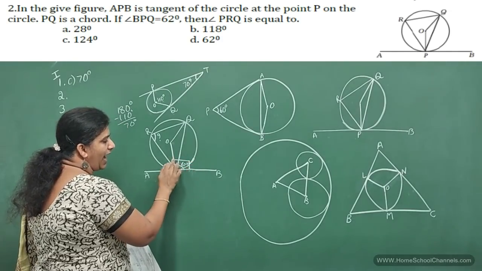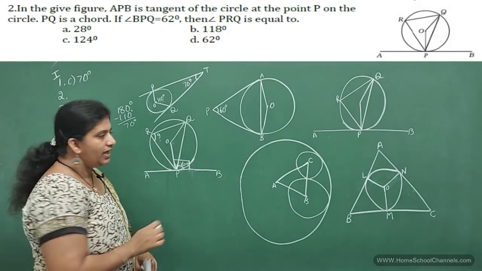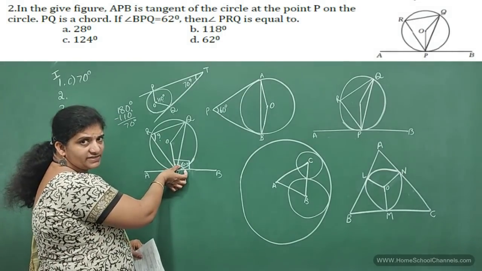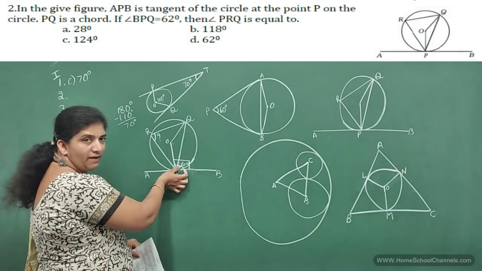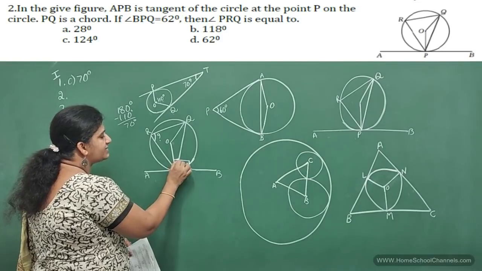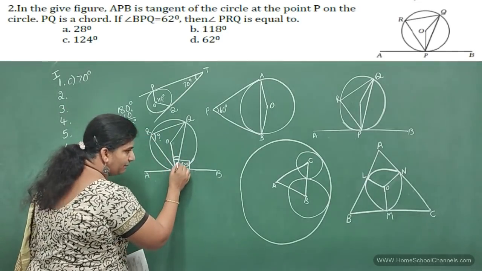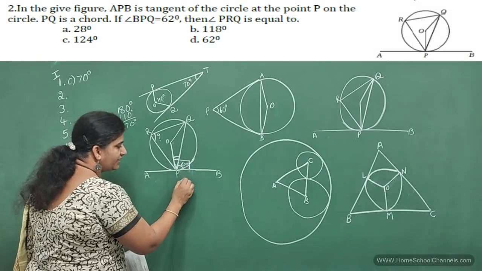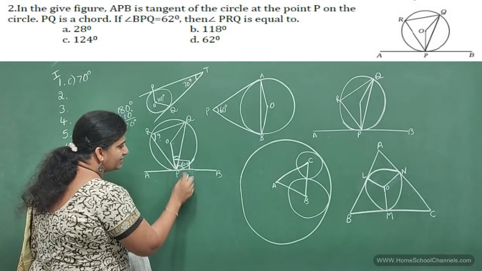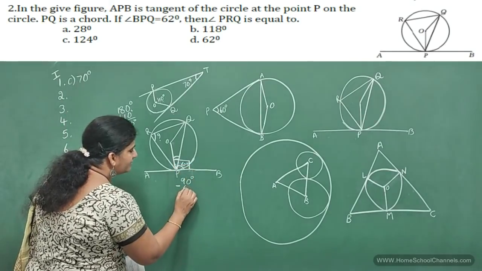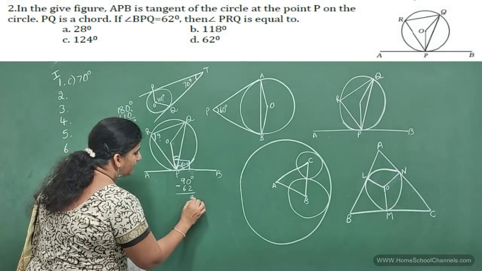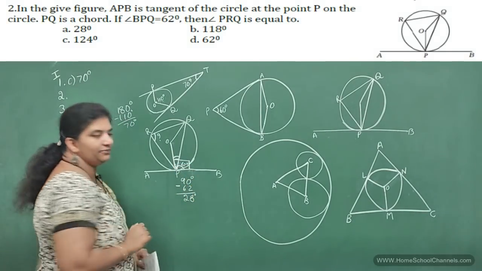From here to here, the angle is 90 degrees, and only this part is 62. Find this part of the angle. That means from here to here it is 90, minus 62 you subtract. That will be 28 degrees.